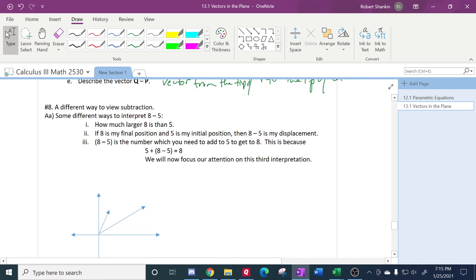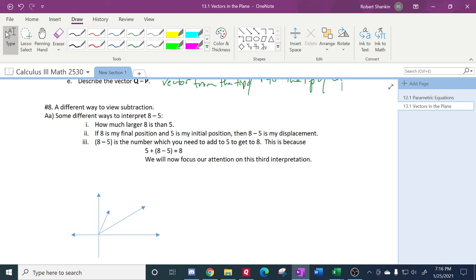Okay. Let's go to number 8. A different way to view subtraction. Some other ways to interpret 8 minus 5. Number 1, how much larger 8 is than 5. Number 2, if 8 is my final position and 5 is my initial position, then 8 minus 5 is my displacement or my change.